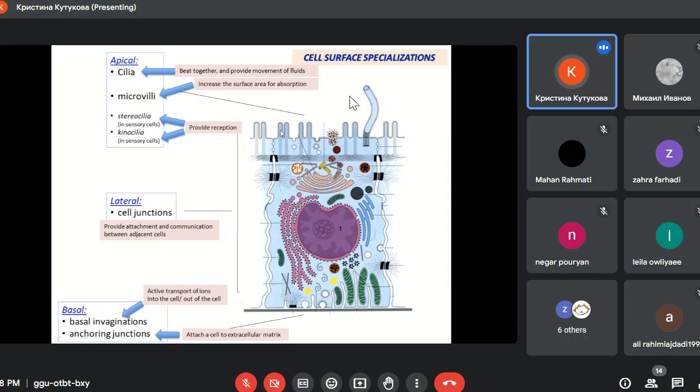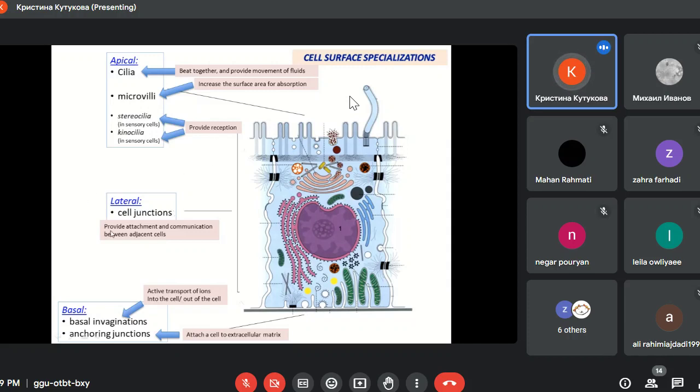Next, microvilli. These are for increasing the cell surface for absorption function. So microvilli are present, for example, in intestinal epithelium cells, where these cells are needed for absorption of food. Stereocilia and kinocilia provide reception of some stimuli.